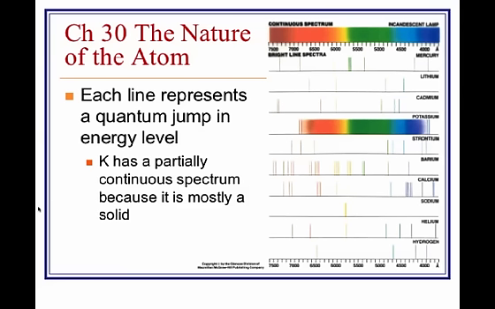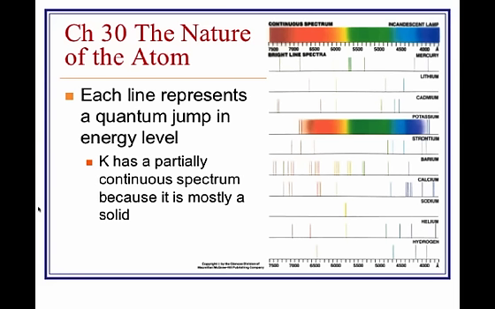If we look here at a bunch of different gases, and most of these are gases, whereas potassium is a solid, part of the reason that it produces just a continuous spectrum is the interaction, and there are other forms of energy within a monoatomic solid like this, where different wavelengths are going to be released, and the crystal structure makes it more of a continuous spectrum than a purely defined one.